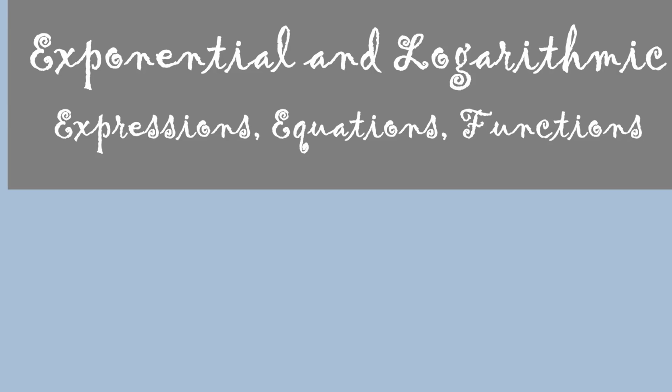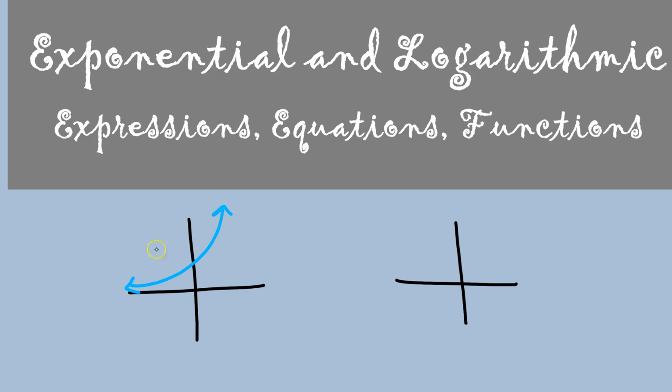Okay, let's switch gears now, and we're going to focus specifically on exponential and logarithmic expressions, equations, and functions, although I think we did touch on exponential and logarithmic functions already on the day we looked at different classes of functions. We looked at how exponential growth looks like this, or exponential decay goes downward.